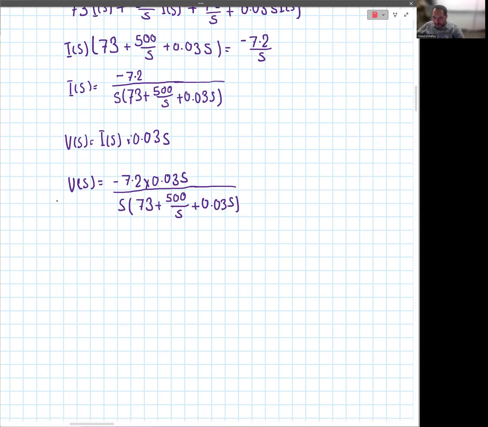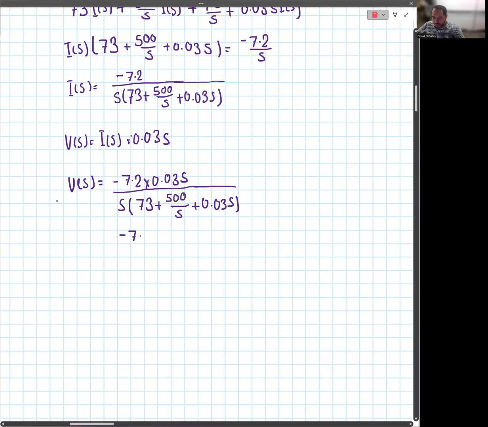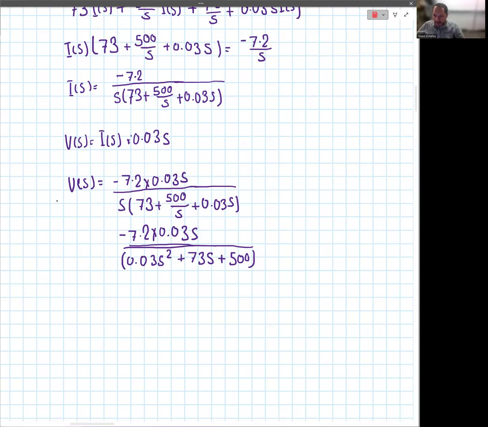Let's multiply the S by all the elements. So negative 7.2 times 0.03 S over 0.03 S squared plus 73 S plus 500.